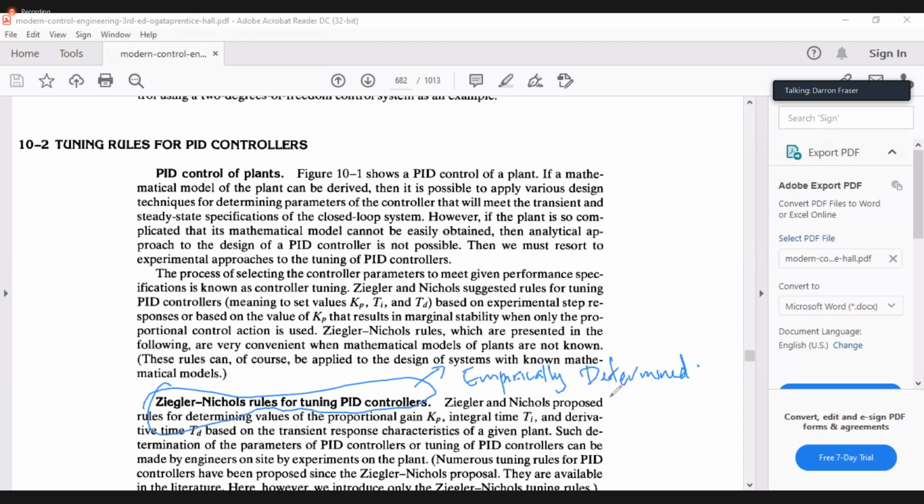Empirically means by experiment. Analytical means, so let me spend a little time explaining the difference between empirically and analytically. How do you solve x squared plus 4x plus 3 equals 0?